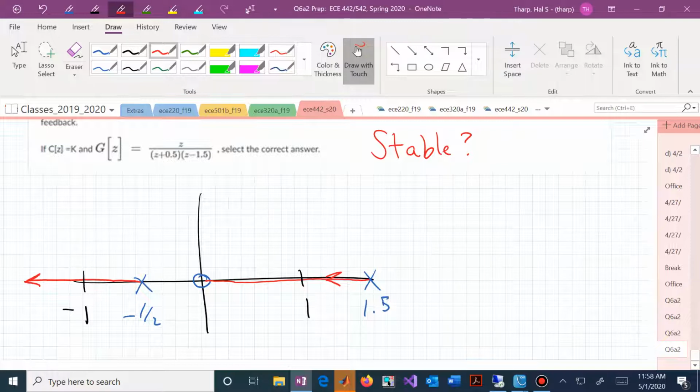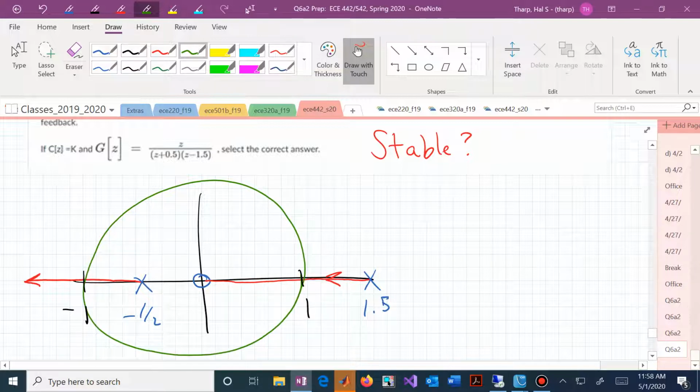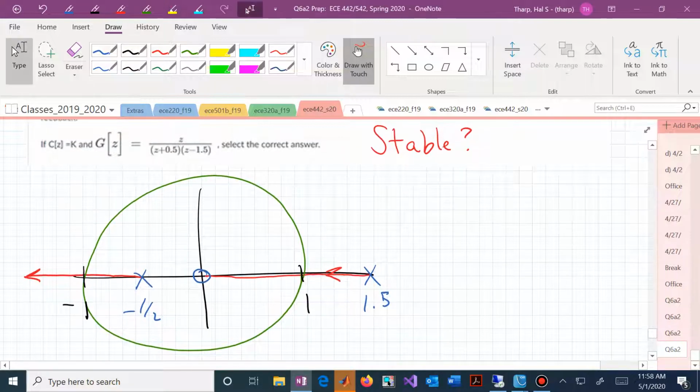Well, now what you would really need to do is say, here's my unit circle. That's a terrible unit circle, but you can see that we have a couple of different scenarios. We have this pole entering at the triangle, and we have another pole exiting at minus 1.